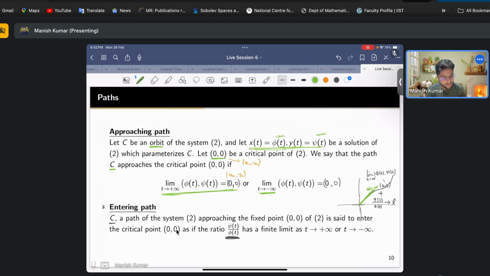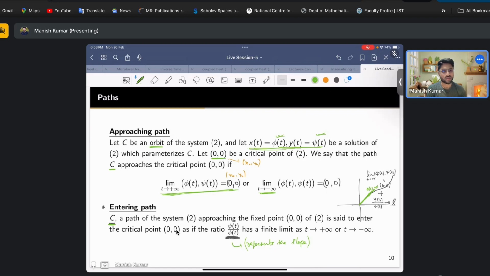So this is representing the slope. If this ratio also has a finite limit, not necessarily 0 but some finite limit, then we say that this orbit C is an entering path, entering the origin.